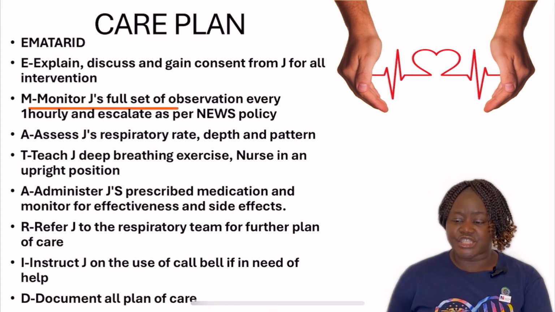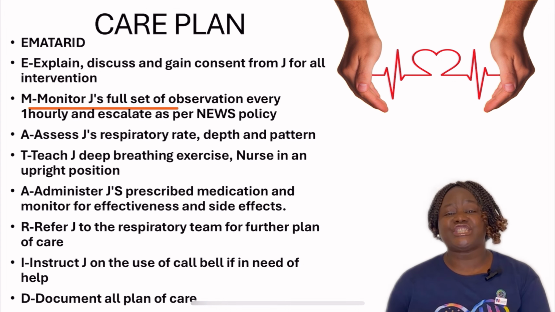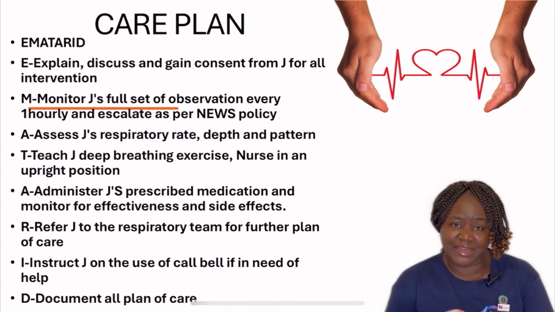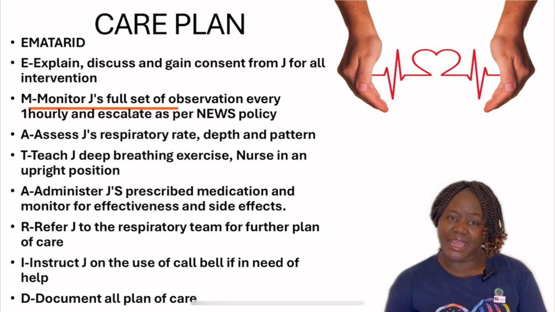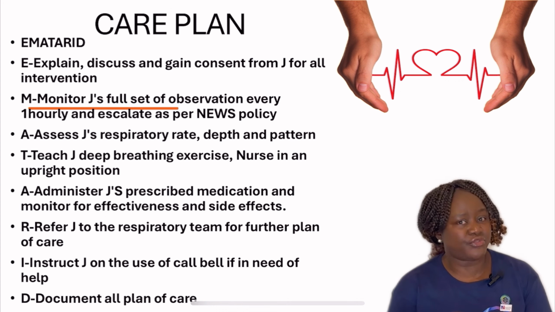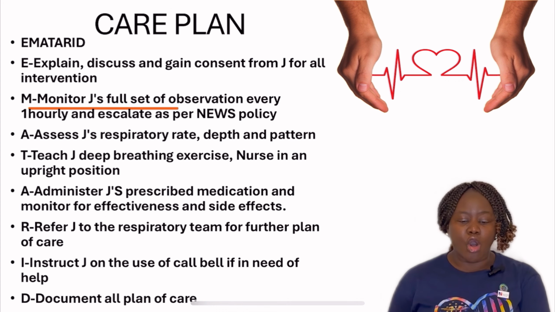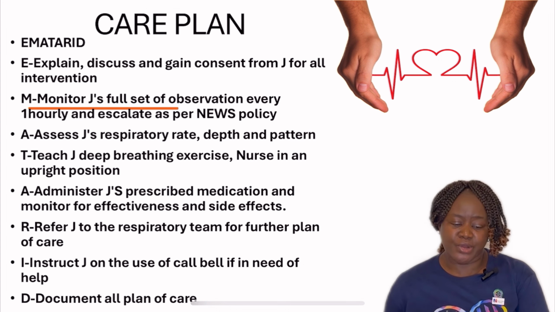Teach James deep breathing exercises. Administer James's prescribed medication. Monitor for effectiveness and side effects. Refer James to the respiratory team for further plan of care. Instruct James on the use of the call bell because it's a hospital setting. D, document all aspects of care given to James. Sign, date, and print your name. And this should even be the first thing to do.